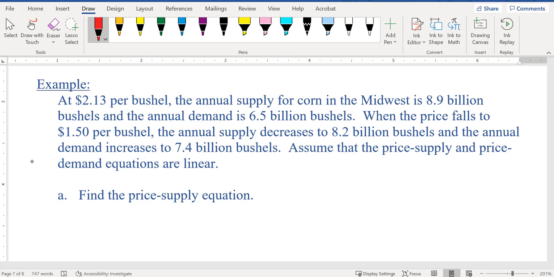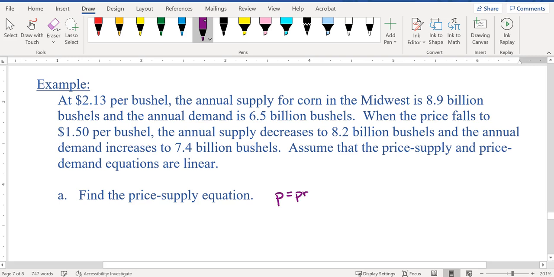Okay, we're going to let little p be the price per bushel. So we're defining our variables.